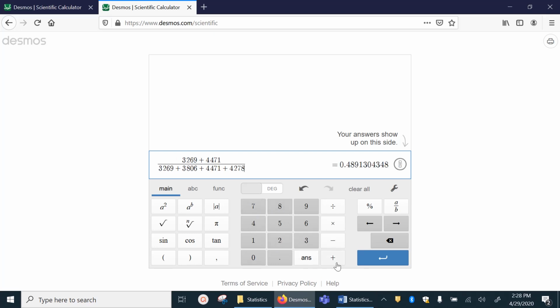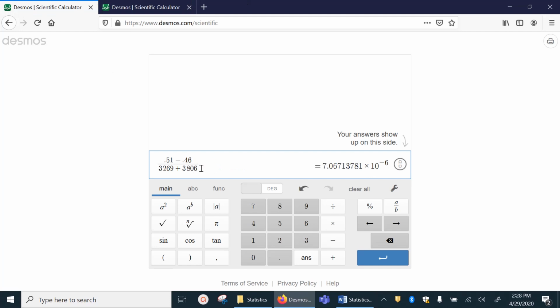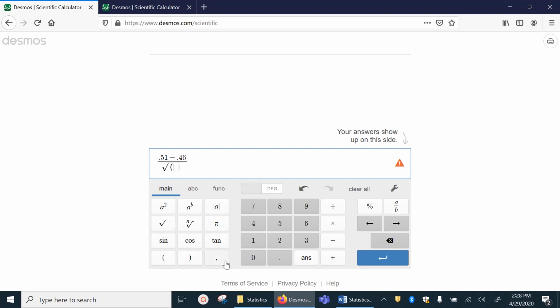All right. So my total percentage is 0.49. I rounded it up because this is a 9. So what I'm going to do now is use the formula that we went over when we learned about this: the square root of p, which is 0.49, times 1 minus 0.49.